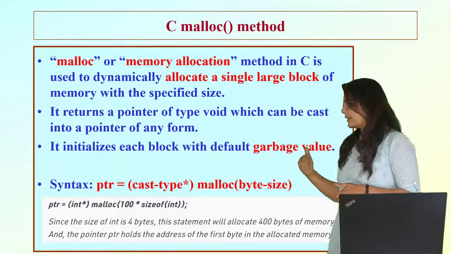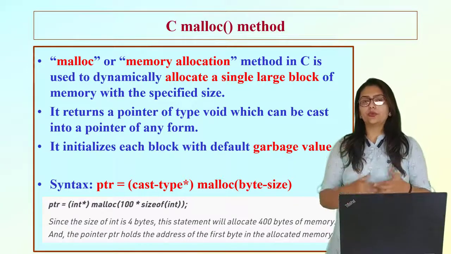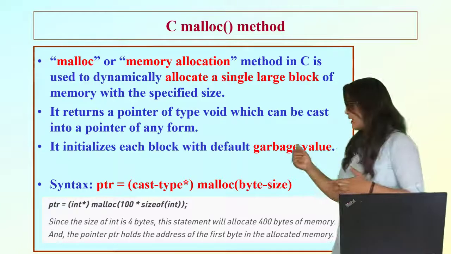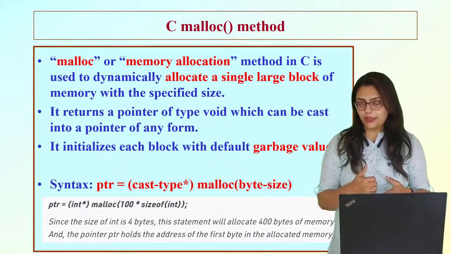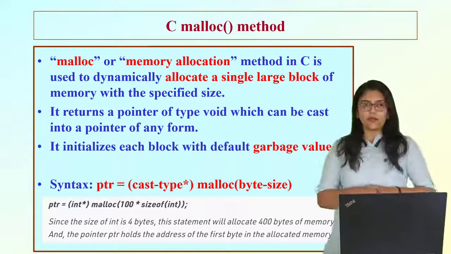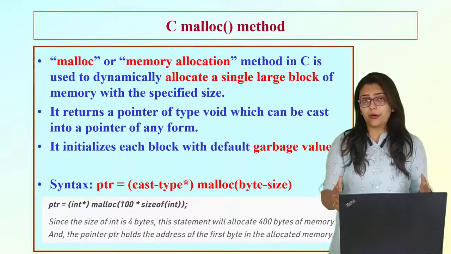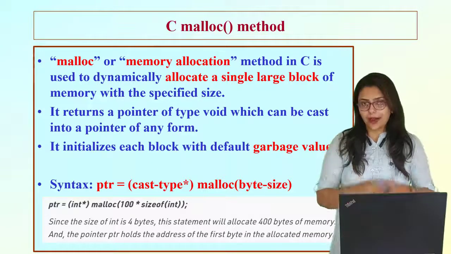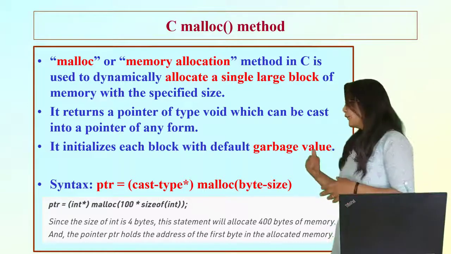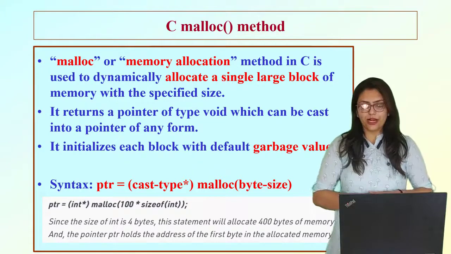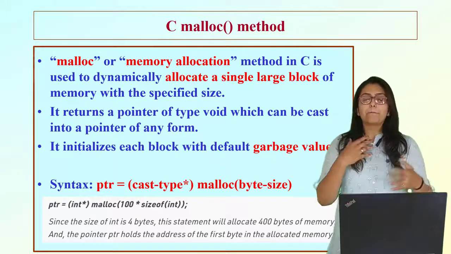What should be the syntax? int pointer ptr equal to int pointer, malloc, and as it is holding 100 elements, 100 into sizeof integer. To accommodate 100 elements you need 100 into 4 bytes, because one integer element occupies 4 bytes. So we will need 400 bytes of memory. A single block will be assigned by using malloc.